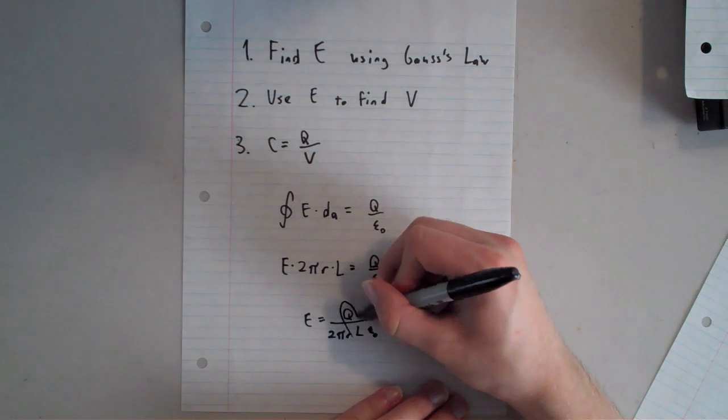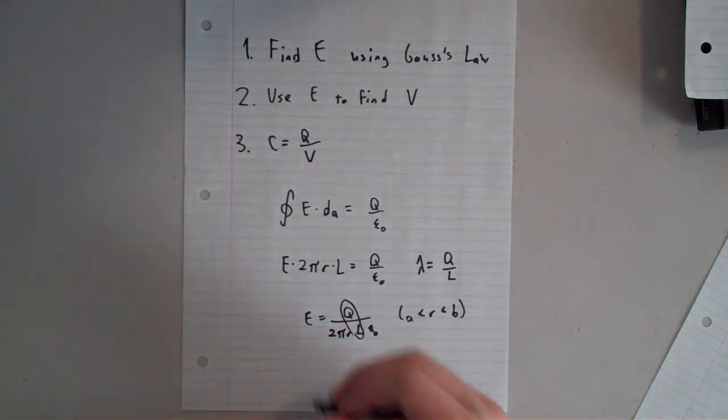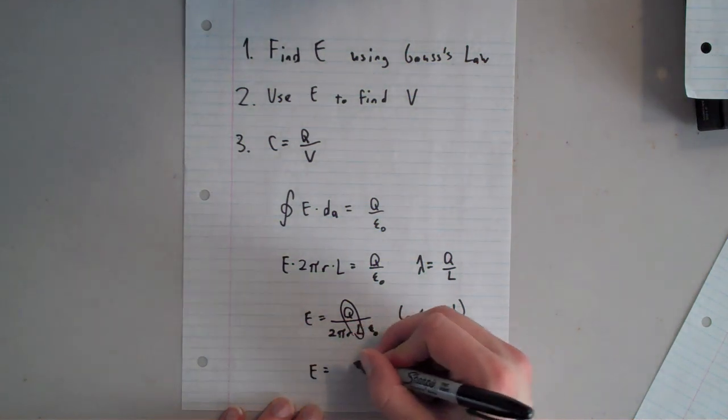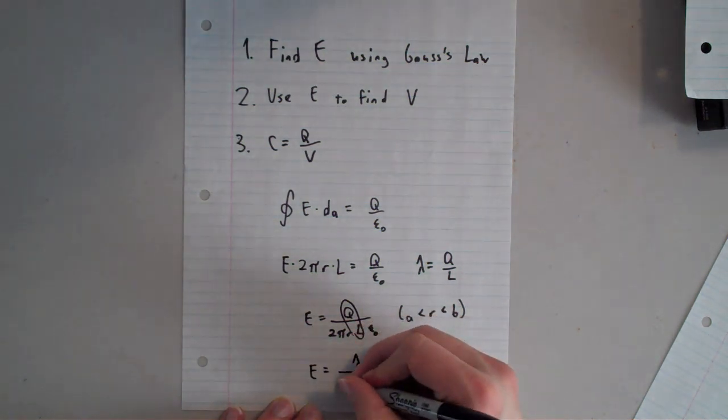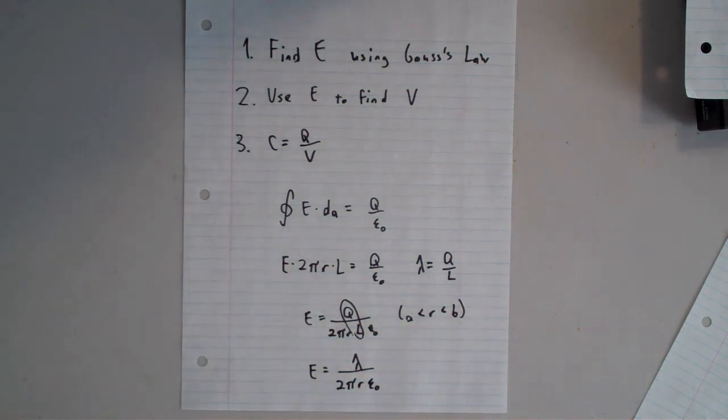So we have Q over L in this equation, so I'm going to replace that with lambda for reasons that will come up later. So E equals lambda over 2 pi r epsilon naught. Cool. So that's step 1.